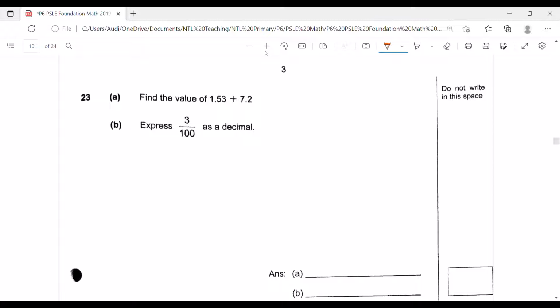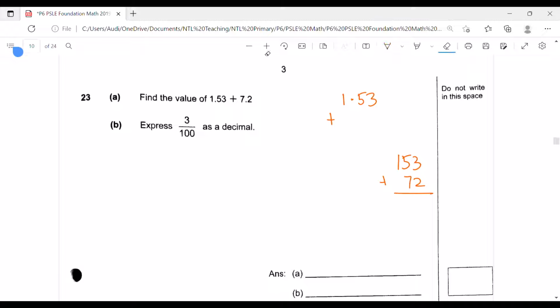Question 23. Part A. Find the value of 1.53 plus 7.2. Now, when you see decimals, you have to make sure that you line up the decimal points. If it is 153 plus 72, no decimals, this is how we do it.